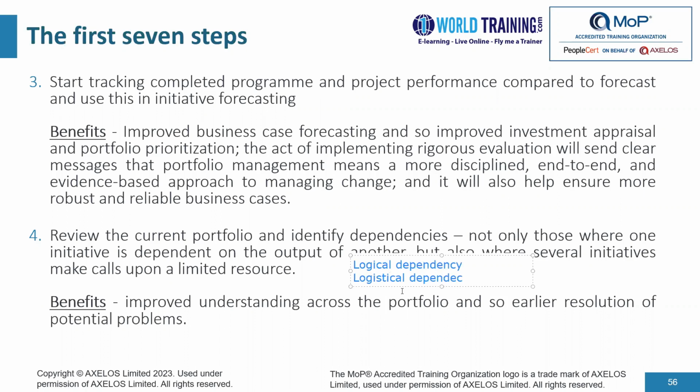You have a set of constrained resources, but how do you make a call in allocating those resources to the set of initiatives within the portfolio? So step 4 is talking about that logistical dependency. The benefit of adopting step 4 is improved understanding across the portfolio and so easier resolution of potential problems.